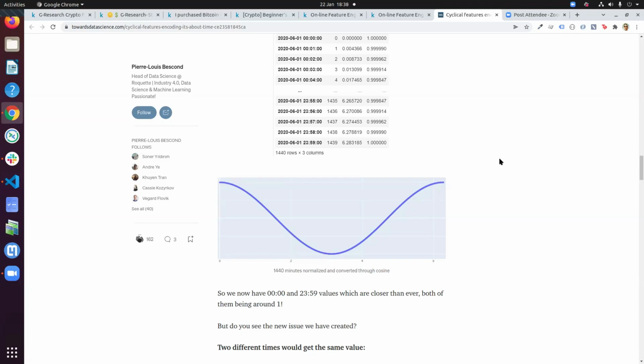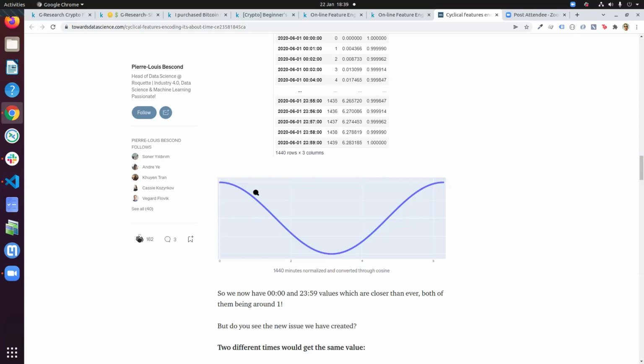Yeah, like here he was using it because, obviously, if you've got 60 seconds in a minute, once you get to 60, the next step is back to 0. And if you just use the pure values, then there's no description of the relationship between 60 and 0.